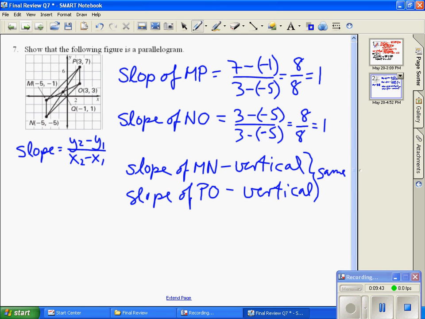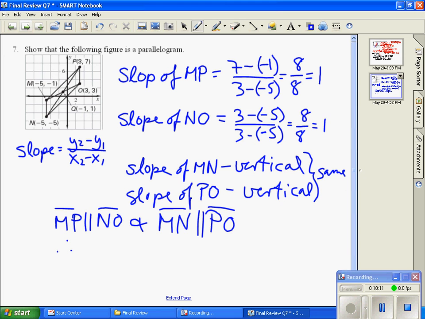So now we have shown that the opposite sides are parallel. So let's write a concluding statement. So we can say that MP is parallel to NO, and MN is parallel to PO.